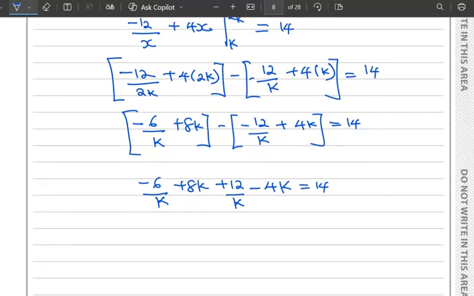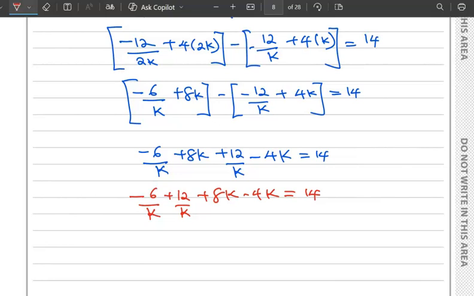Collecting the like terms where possible, negative 6 over k should be added to 12 over k, then plus 8k minus 4k, this equals 14. The denominators are the same, so we can simply add the numerators. Negative 6 plus 12 is 6, so we'll have 6 over k plus 8k minus 4k, which is simply 4k, equals 14.